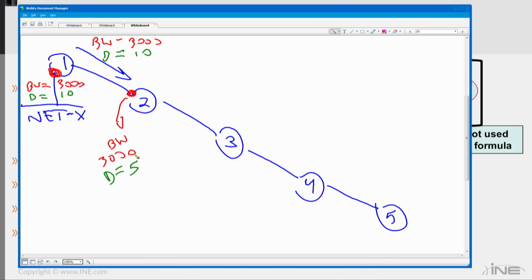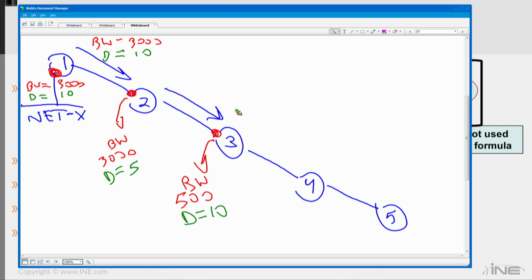Now let's keep going. Now he decides to send an EIGRP update to router 3. Router 3 gets it. He says, okay, let me take a look at my interface because I have to factor in this link right here between us. He says, oh, okay, router 2, you told me that the lowest bandwidth that you're aware of is 3,000. However, my bandwidth leading up to you is only 500. And my delay is an additional 10.